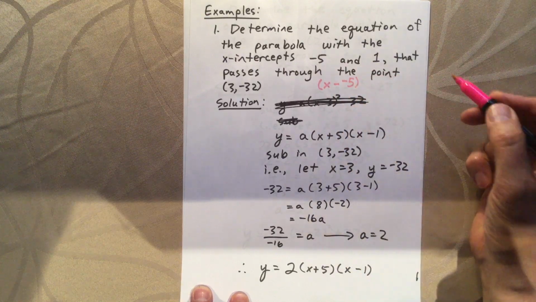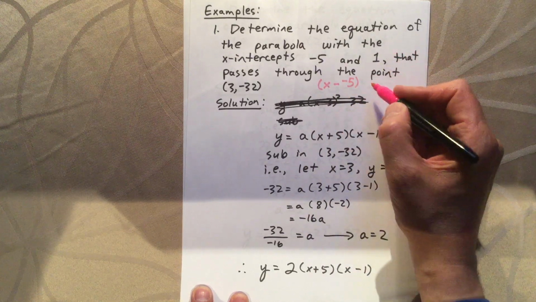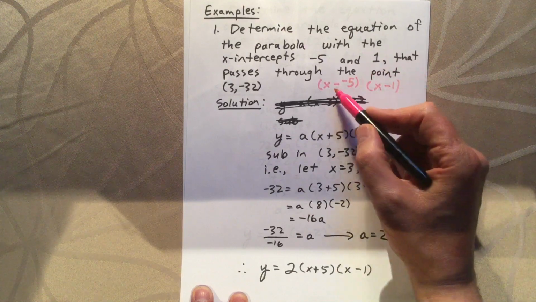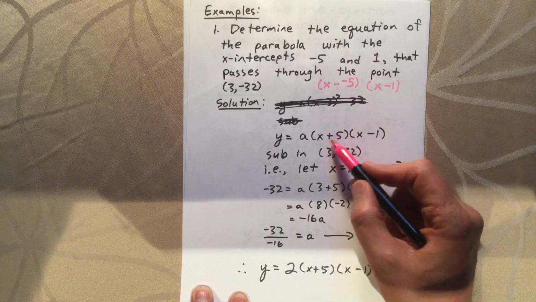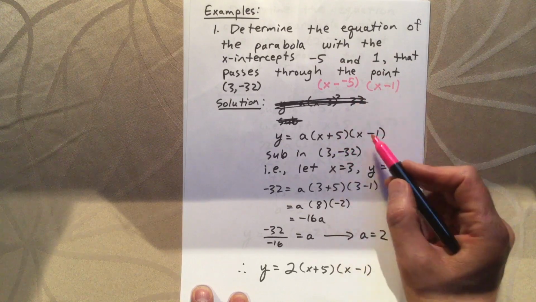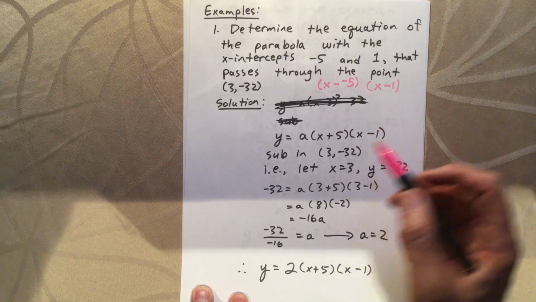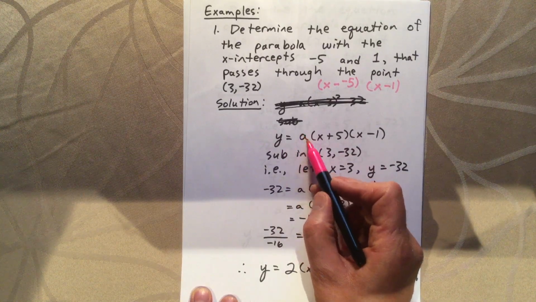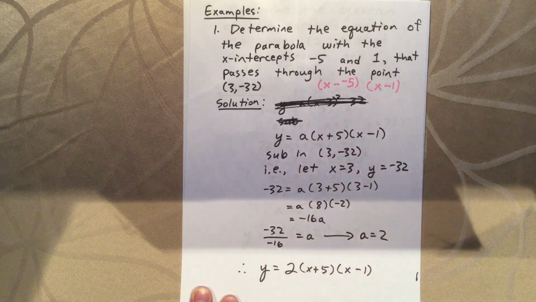And if a parabola has an x-intercept at 1, we know one of the factors will be x minus 1. Well, x minus -5 can be rewritten as x plus 5, and x minus 1 stays as it is. And we have to put an unknown factor in front, and we call that a.